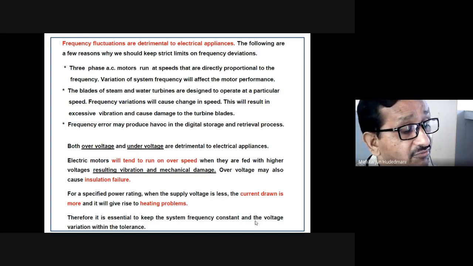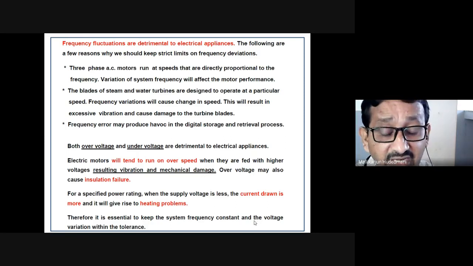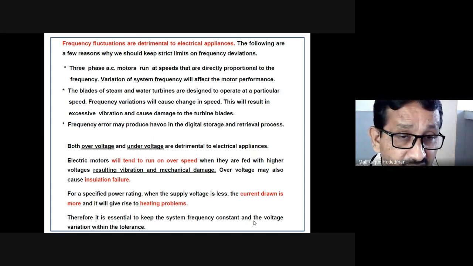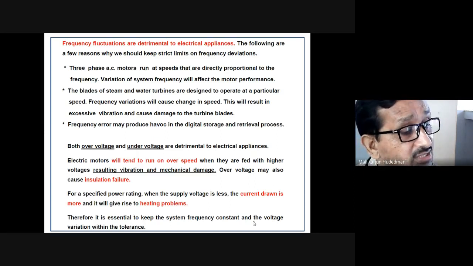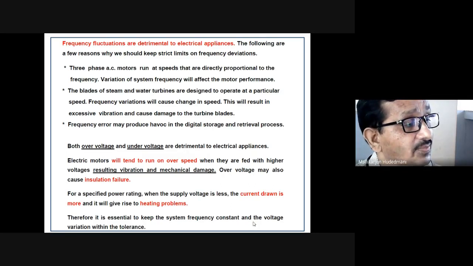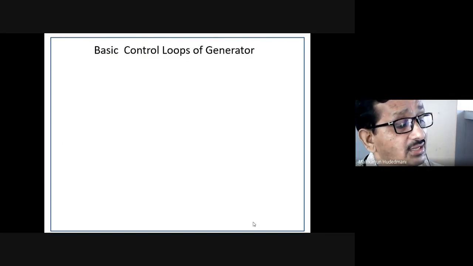Otherwise, these are the effects one would find in reality. It may be the corporation getting affected or the consumer getting affected, for which the reason is a deviation like this. Now coming to the generator side, it becomes very necessary for us to understand.